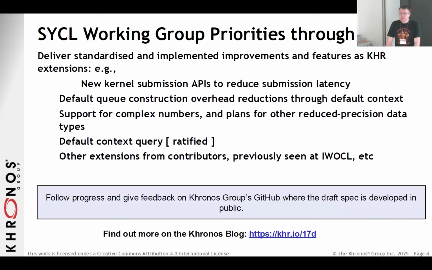The other thing that's happened since IWOCL last year is that the development of the specification, our draft version of the specification, is now done completely open source in public. If you go to the Khronos GitHub page, you can find the latest draft version of the spec that's running ahead of the released version, where many of these draft KHRs are there as pull requests.